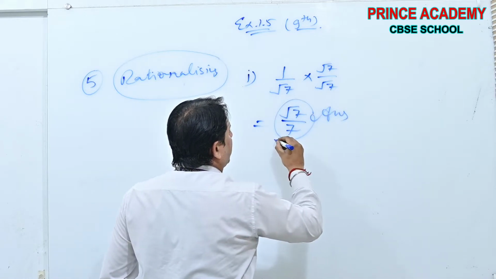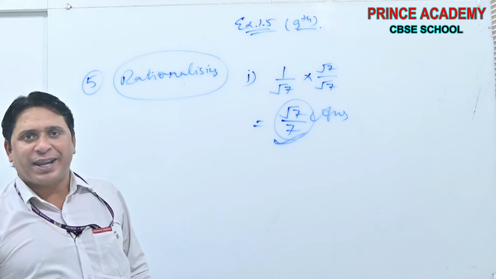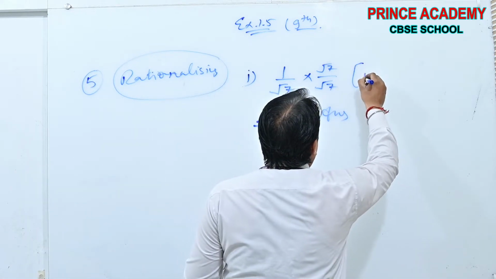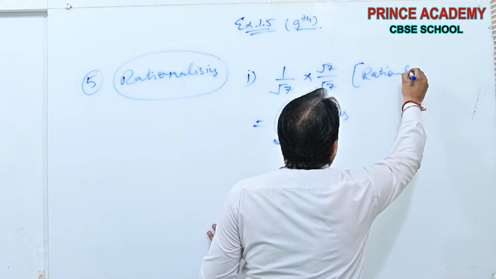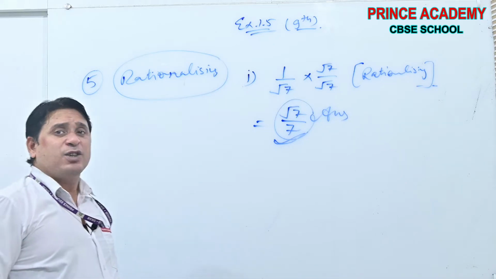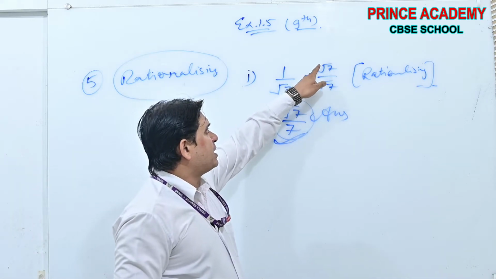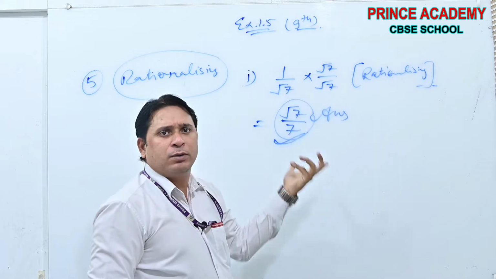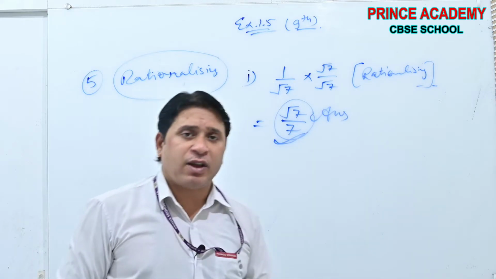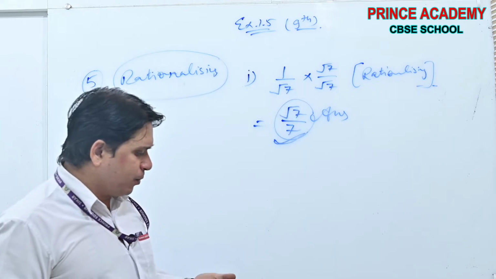See beta, the root is removed from the denominator. Here you have to write by rationalizing. The value is not changed beta. The same is multiplied, the same is divided. The value is 1 by root 7, not changed. It can be written as here. Here we removed the root from the denominator.